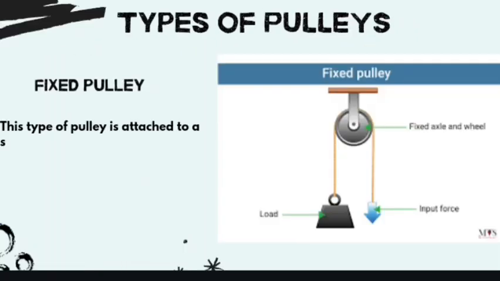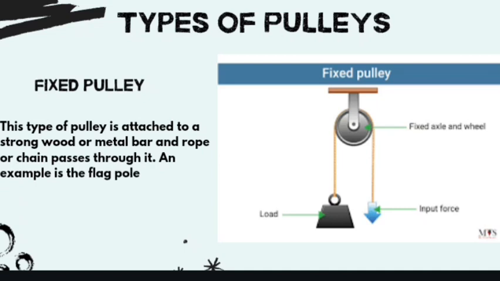So let's talk about types of pulley. So we have three types: the fixed pulley, the movable pulley, and finally the compound pulley. Now, the fixed pulley is a type of pulley that is attached to a strong wood or metal bar, and the rope or chain passes through it. So in a fixed pulley, the metal bar is not moving.